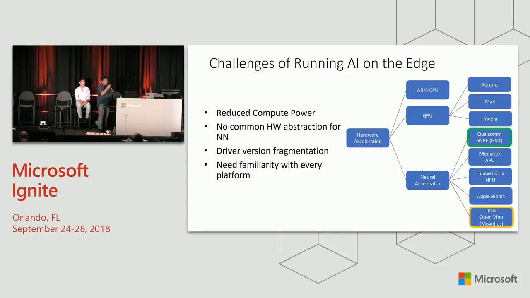Now, there's a translation because you trained on the cloud, you trained with all of those resources, and now you have to run in this small device. Traditionally, that meant a lot of C++ and assembler and a bunch of hardware engineers for months or years to try to get your model to perform. But these companies have started to partner with Microsoft to create an abstraction that allows to translate those models to their hardware-specific solutions.